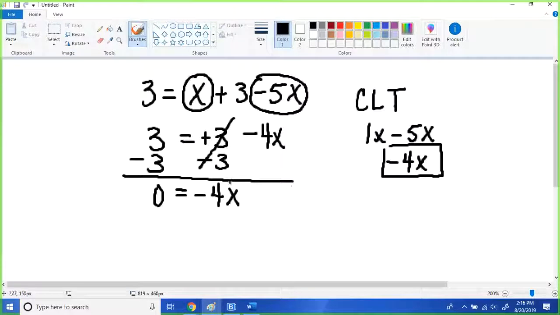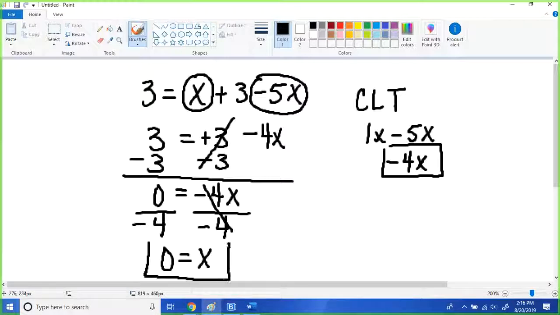Okay, still working to get x by itself. Negative 4x is set for multiplication, so we're going to do the opposite operation of division on both sides. 0 divided by negative 4 is 0 equals negative 4 divided by negative 4 is 1, so it's just going to cancel out and have an x. So 0 is going to equal x.